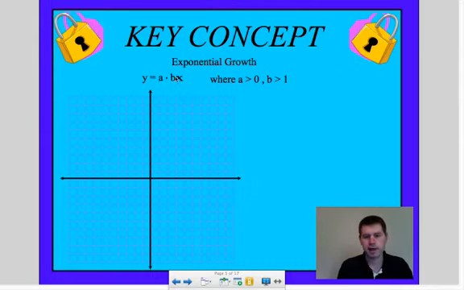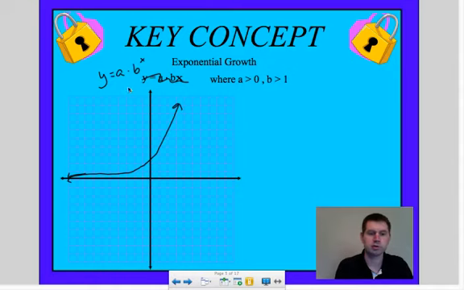If I can draw a straight line here, it comes up and goes up like this. Now it depends on where you are, but you'll find out that a is going to be where you cross the y-axis.